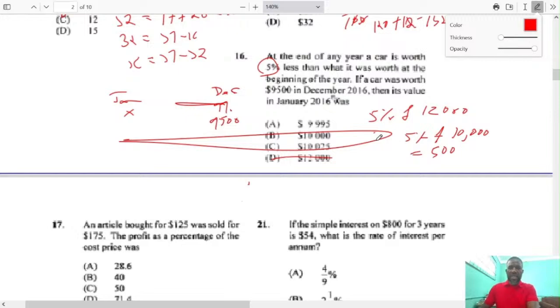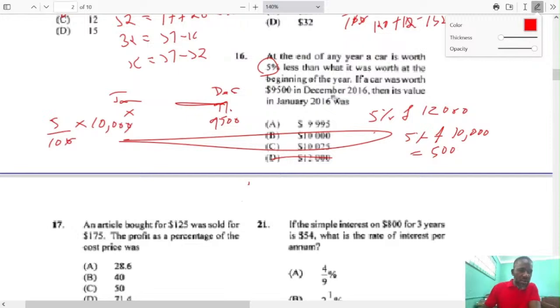Again, basically 5 times 1 will give us 5, and 5 times 0 will give us 0, and therefore if we just merely divide this by 100, then we are going to get 500. So let me just do it the correct way. All right, so it's 5 over 100 times 10,000.